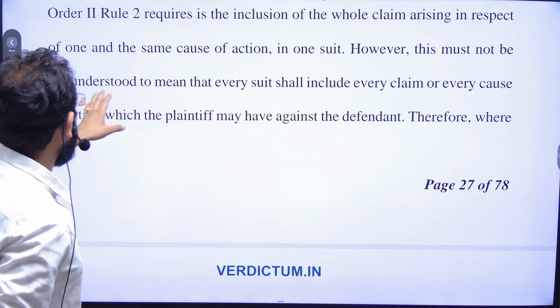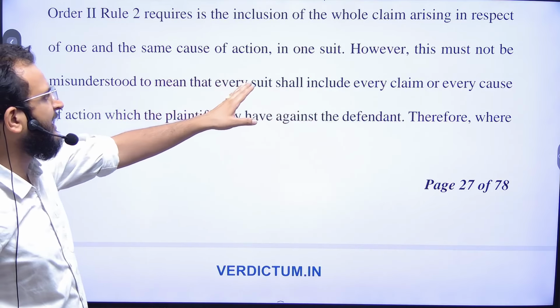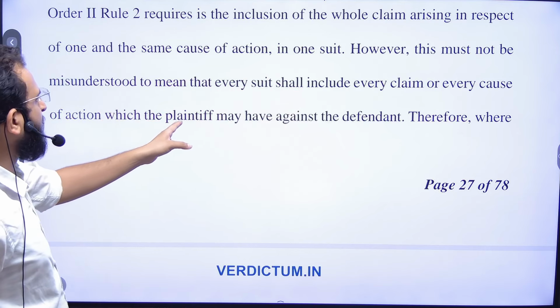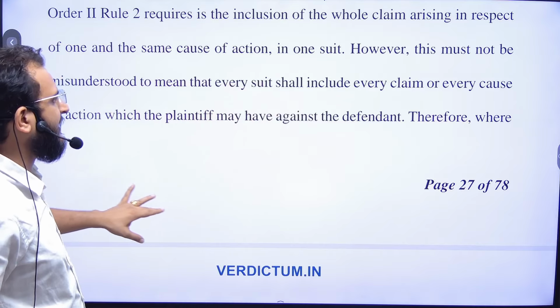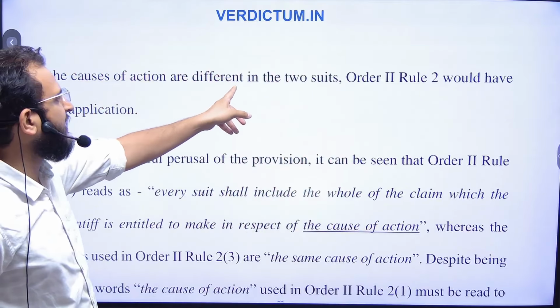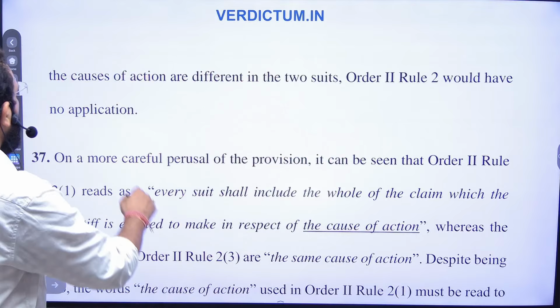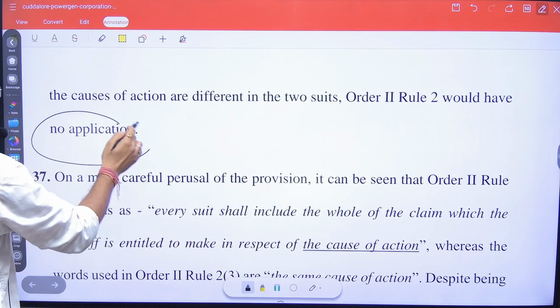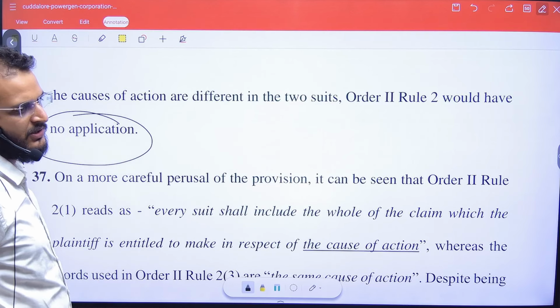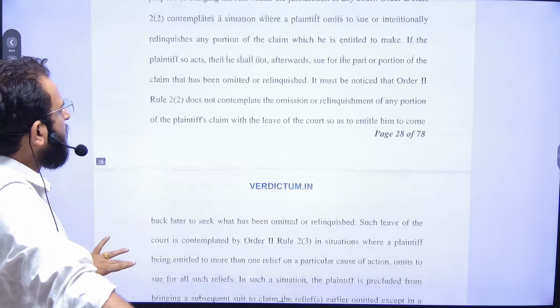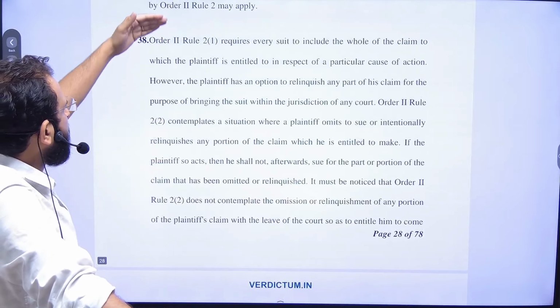However, this must not be misunderstood to mean every suit shall include every claim or every cause of action which the plaintiff may have against the defendant. Therefore, where the cause of action is different in two suits, Order 2 Rule 2 would have, yes everyone, no application. Okay.